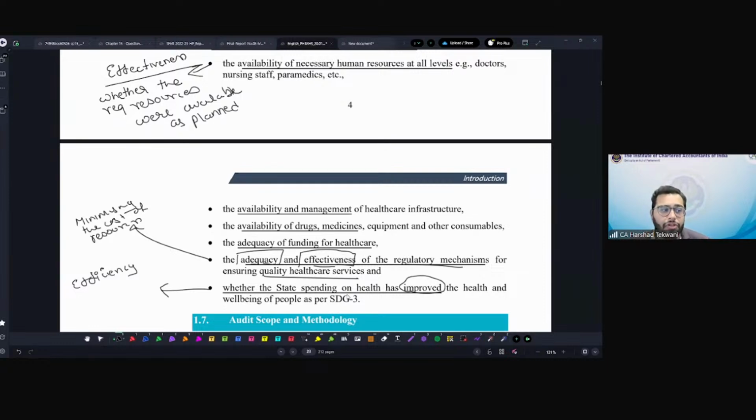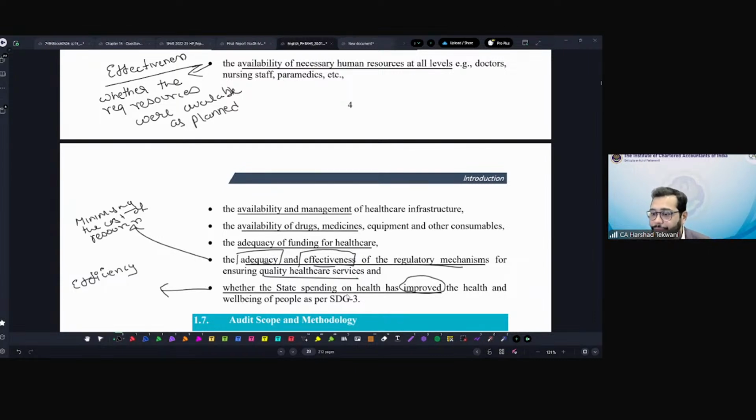But in performance audit, a particular goal, a particular objective can be targeted on 2 to 3 parameters. Perfectly fine. So either it will be effectiveness, efficiency, economy, or combinations of all three, or any two.